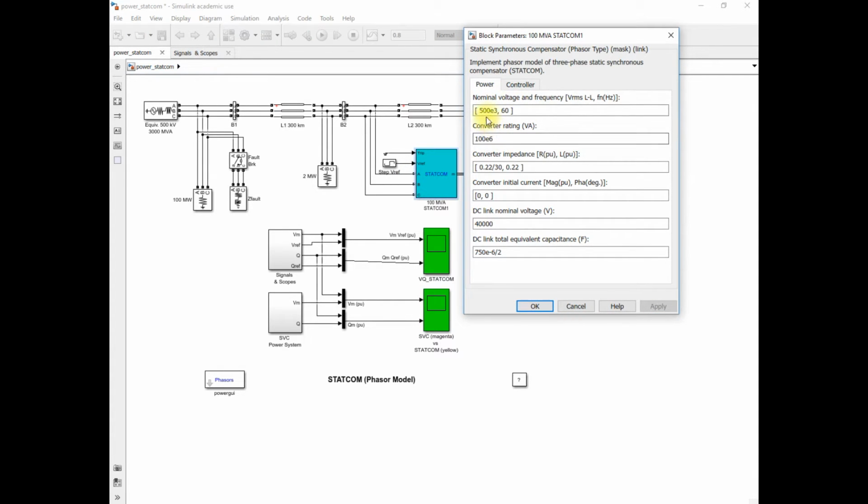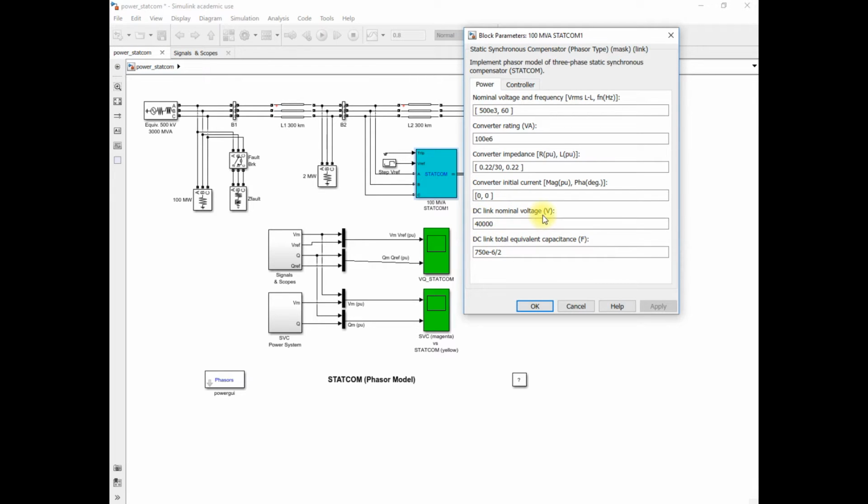You can see that here the rating of the STATCOM is 500 kV, which is operated at 60 Hz, and its capacity is 100 MVA. You can see 100 raised to 6, so that is 100 MVA capacity. And you can see that the inductive reactance is 0.22. That represents the leakage impedance as well as the reactor of the IGBT.